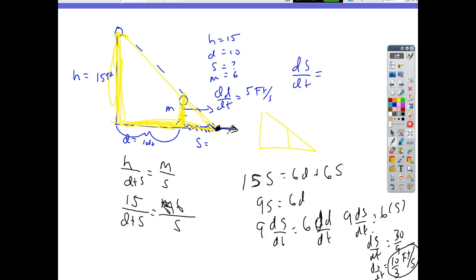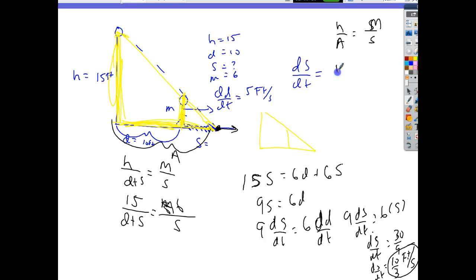Okay, so I need a variable that describes this distance here. What variable do you want to use? By all means, never use X. Okay, A. Okay, so now I'm going to use the exact same equation. I'm going to go H is to A as M is to S, right?